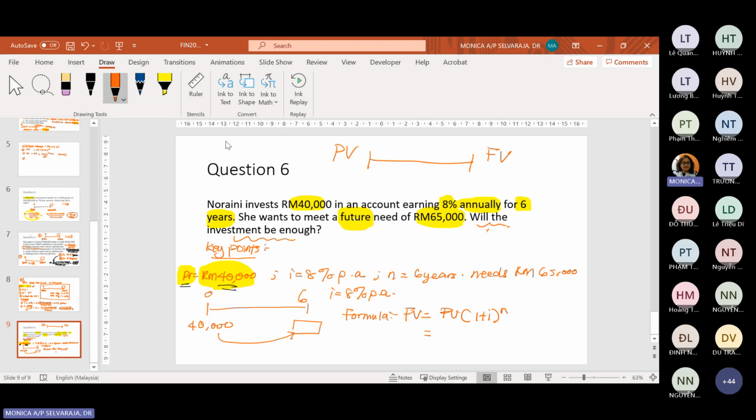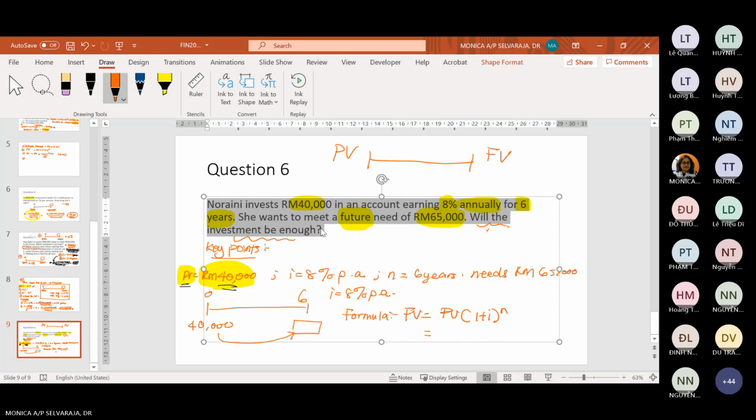Okay, can you calculate for me this answer? Trang Wing Nek, can you please calculate this answer for me? Give me your answer.